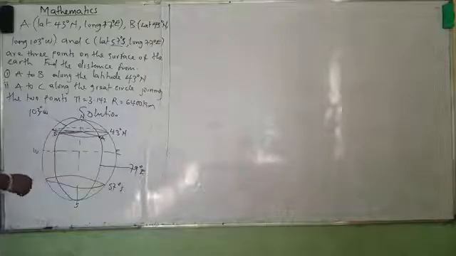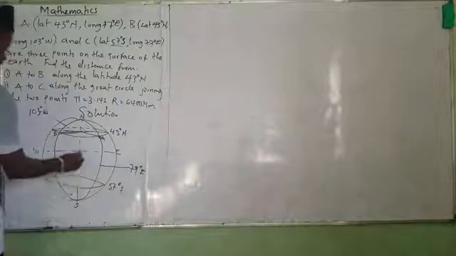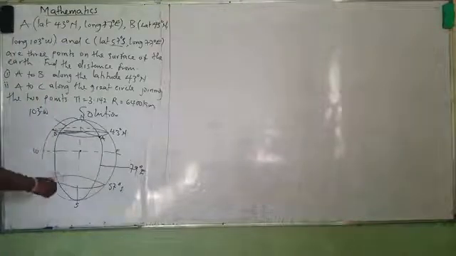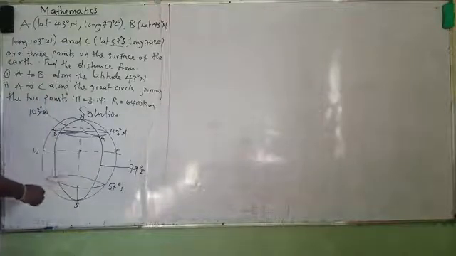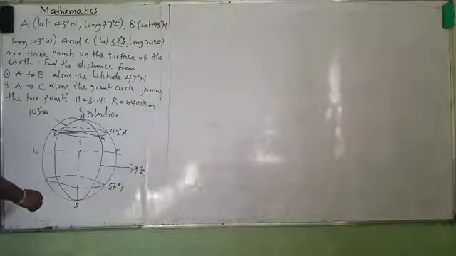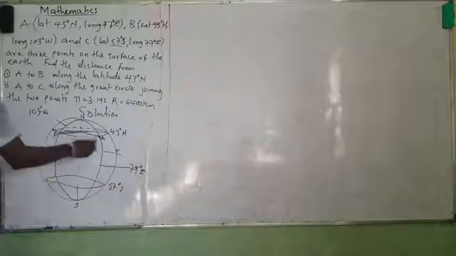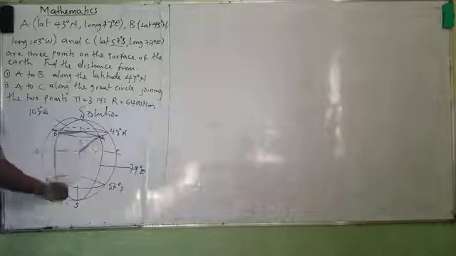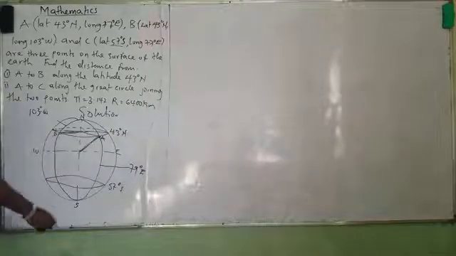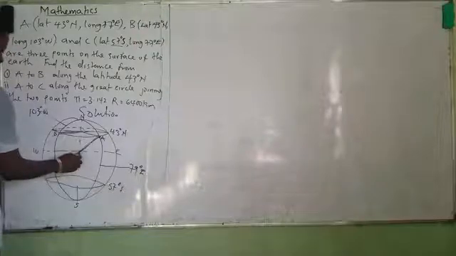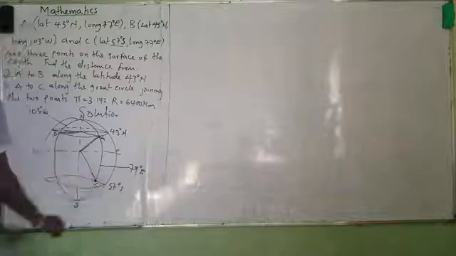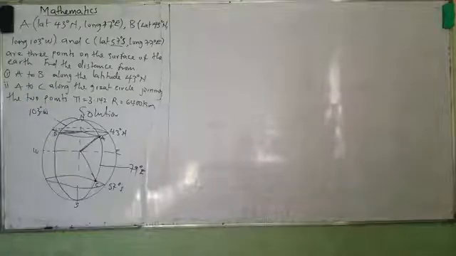This is the earth, and this can be the distance here, and also this could be C. That is what I am trying to explain.